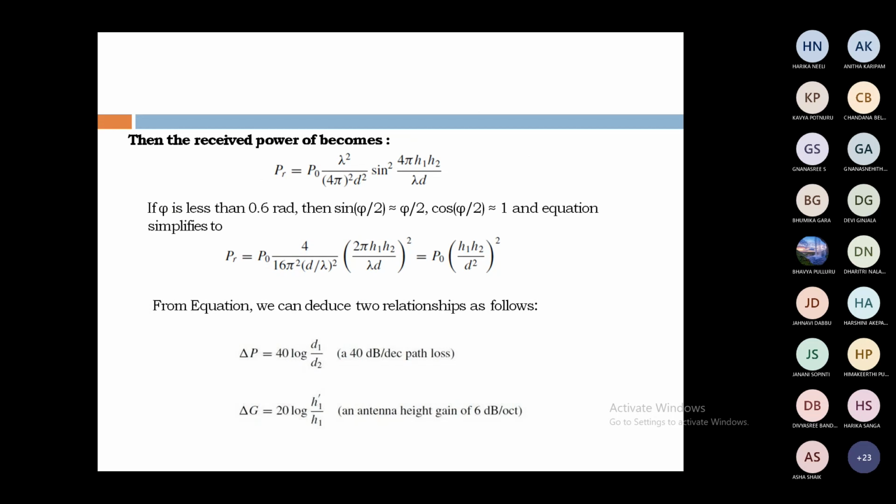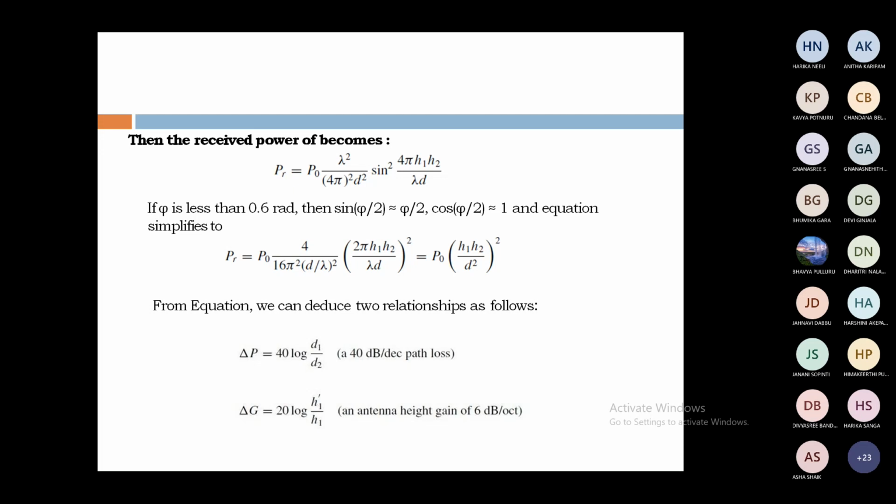Finally, the received power PR is equal to P naught into lambda square by 4 pi square d square, sin square (4 pi h1 h2 by lambda d). Right. Here, whenever the phi value is less than 0.6 radians, then sin phi by 2 is equal to phi by 2.